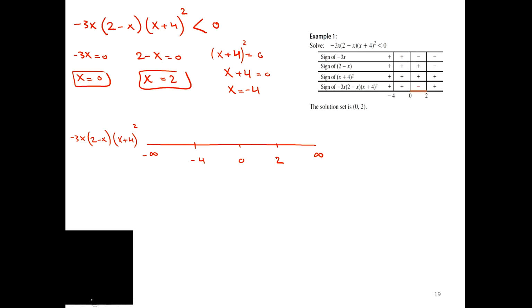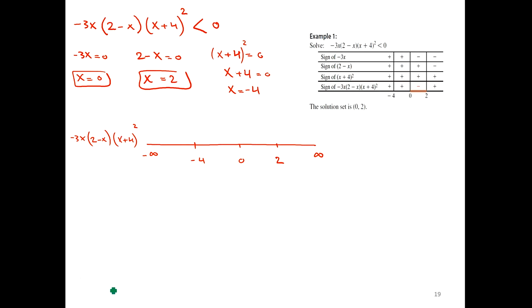Now, you can choose any value in each region. From negative infinity to negative 4 we can choose, for example, negative 5. From negative 4 to 0, we can choose negative 1. From 0 to 2, for example, 1. From 2 to infinity, we have 3.